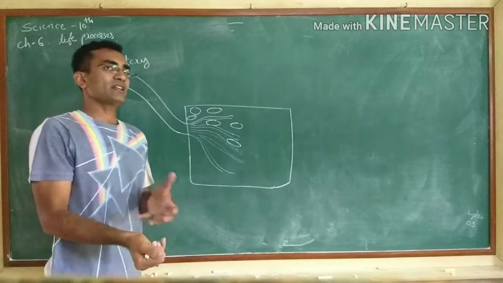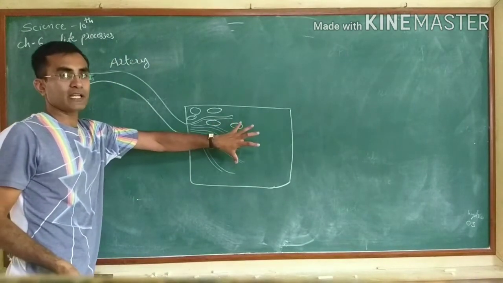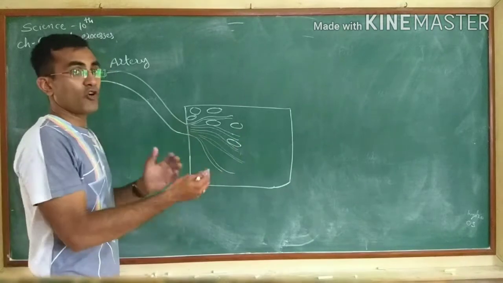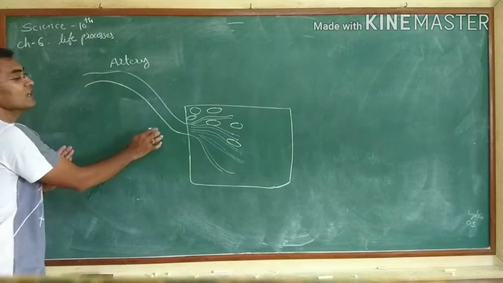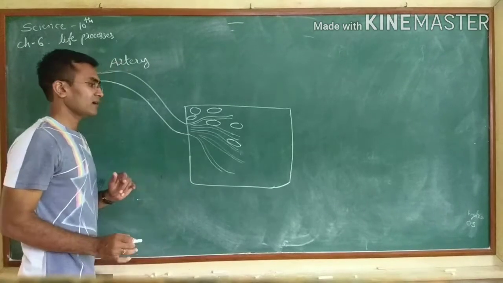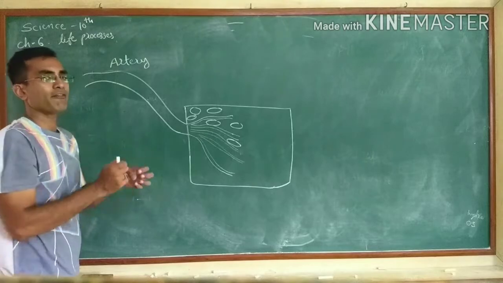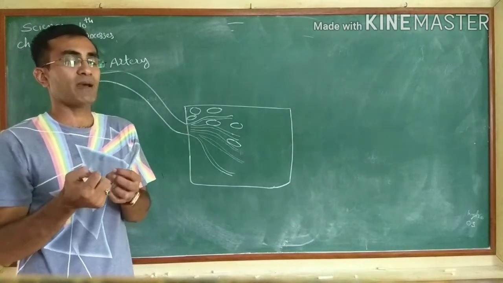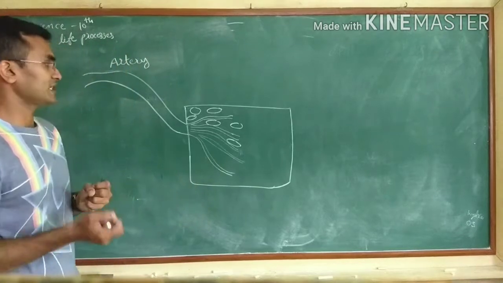Artery divides into arterioles, and the arterioles finally form blood capillaries. This is shown over here, artery further divided into blood capillaries. Okay, these are the blood capillaries. They are very fine in nature. They are very small in size. The diameter is very small.